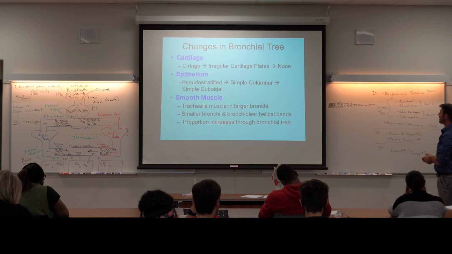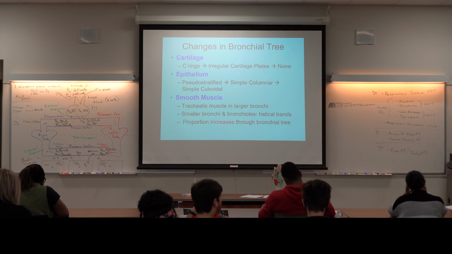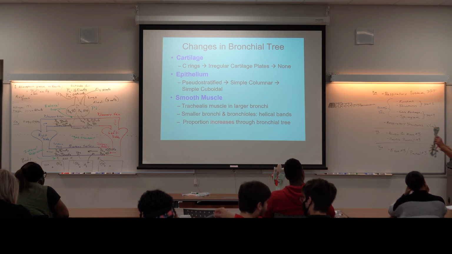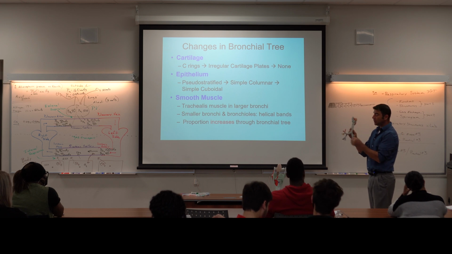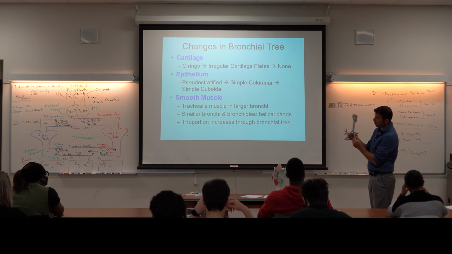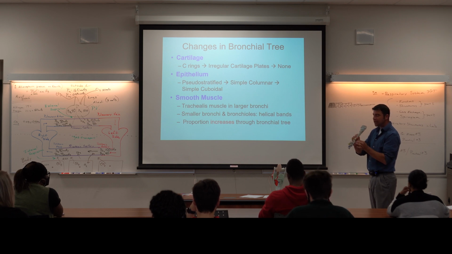The other two trends that I don't have on here, but we're seeing now for the first time on the slides, is that there is a trend of decreasing amounts of cartilage. You'll notice if we grab this thing, there are these C-shaped rings along the trachea. And then when we get into the primary bronchi, there still are these C-shaped rings. But after that, we see that these C-shaped rings will give way to these irregular plates.